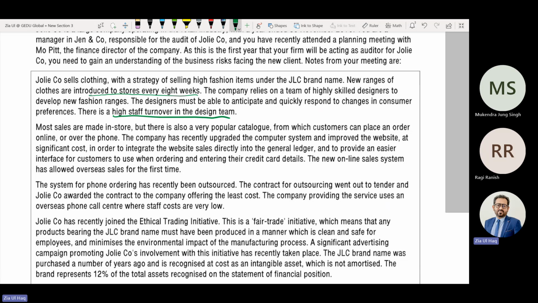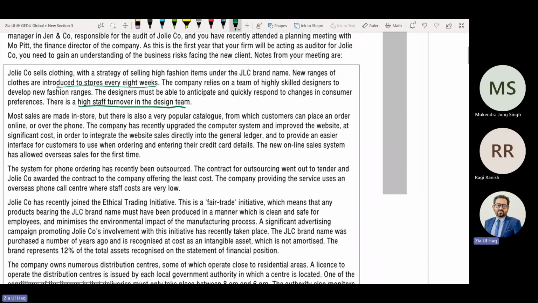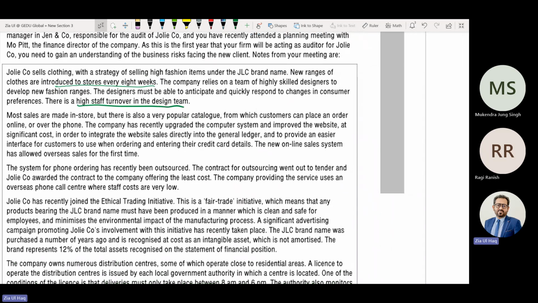No. We are identifying business risk, not audit risk, please. So if the company is unable to identify inventory according to fashion and they have produced too much, the company will be having huge out of fashion inventory losses that would affect the business objective.